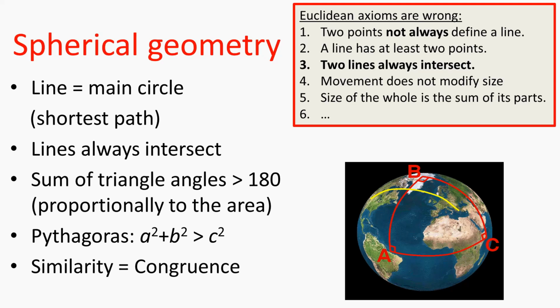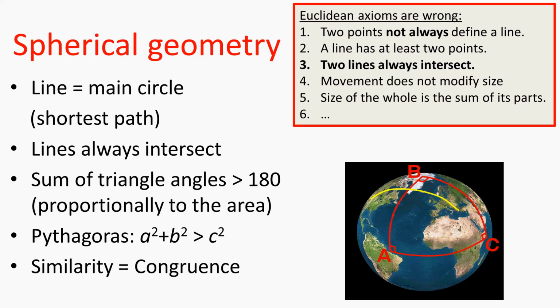Recall that points and lines, these basic concepts, are defined by the axioms implicitly. We cannot take the axioms of Euclidean geometry and the concept of the line based on this Euclidean interpretation and enforce it onto the spherical space. The concept of line should be reinterpreted according to this new space.